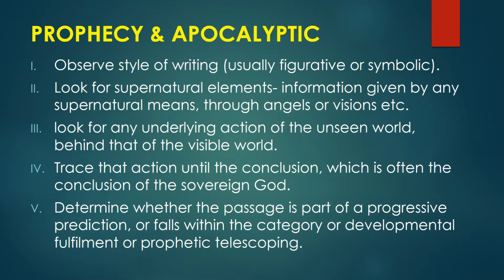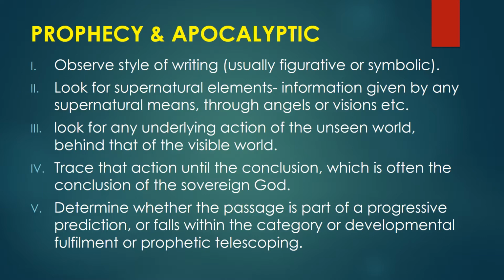However, in your literary analysis, you must be aware that figurative or symbolic language is usually used. And also, when you're doing the lexical aspect of your analysis, you must be aware as well that words may be interpreted symbolically or figuratively.